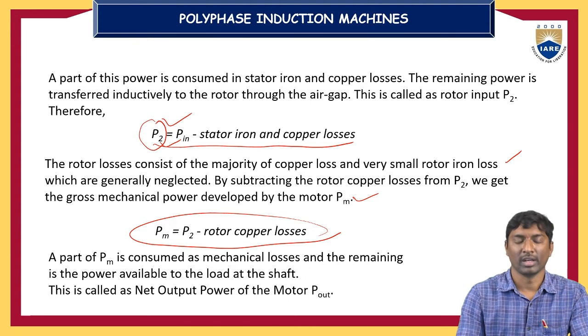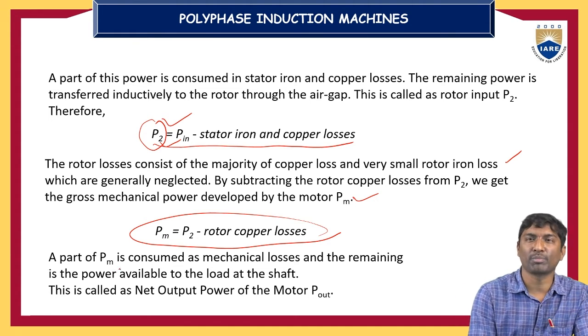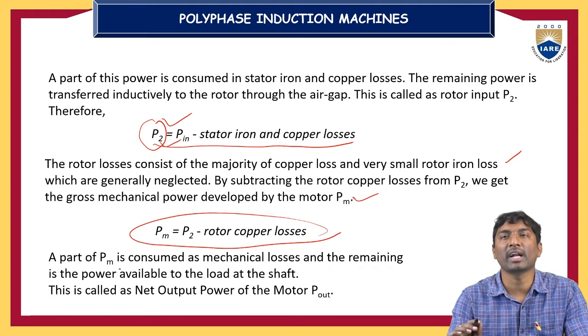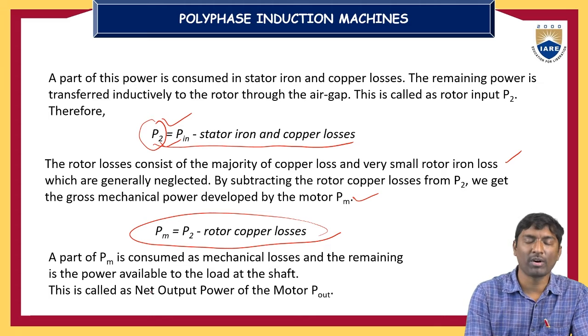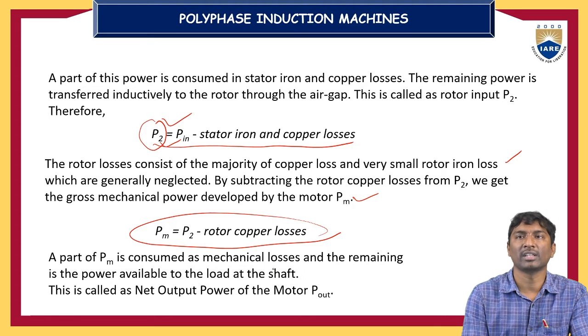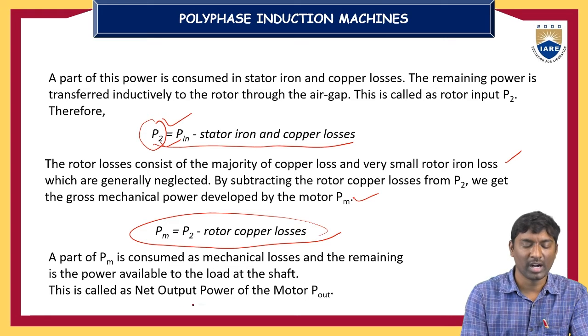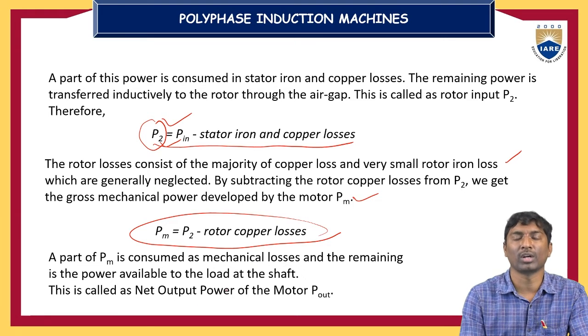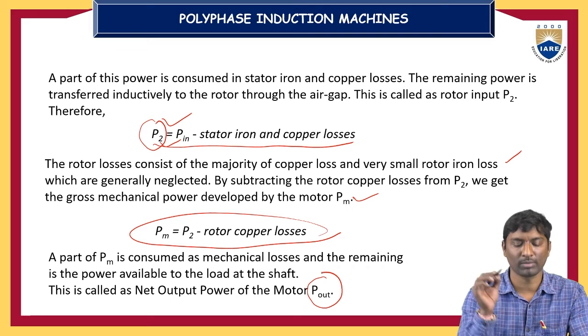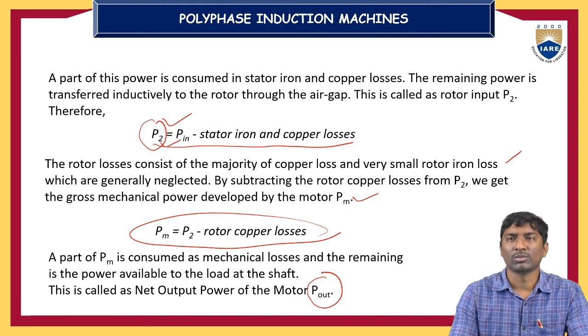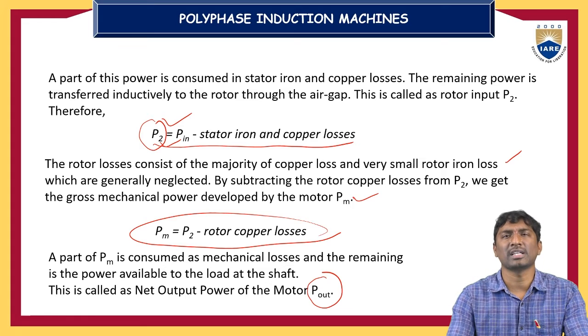Then after that, a part of this PM is consumed as mechanical losses and the remaining is the power available to the load at the shaft only. So this is called the net output power of the motor, that is P output. Okay.